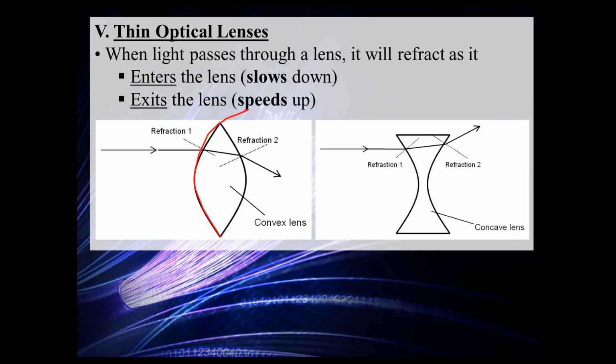So if I did that, maybe it looks something like this. In the direct center, we'd have our center of curvature. Halfway between the center of curvature and this side of the lens, we would have our focal point. That's one circle.